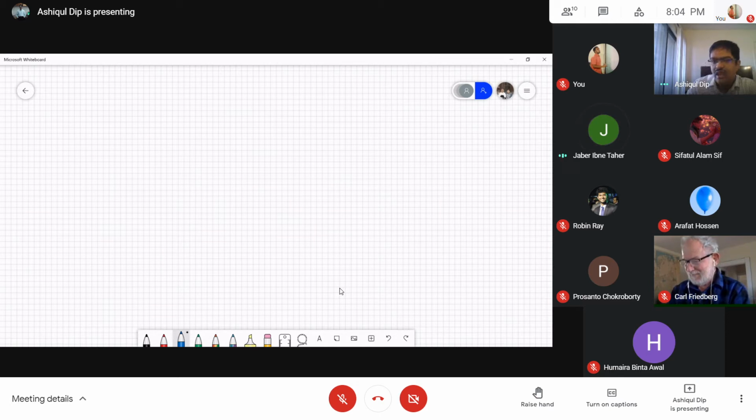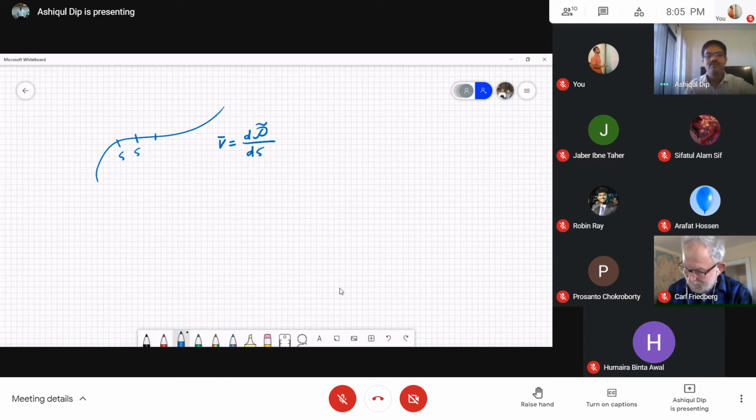And saw that if we have a curve and a parameter defined on that curve, say sigma or lambda, say sigma, then the tangent vector to this curve would be v equals dp tilde, which is basically a point in space, however many dimensions you need, over d sigma, right? Okay, this is what we had.